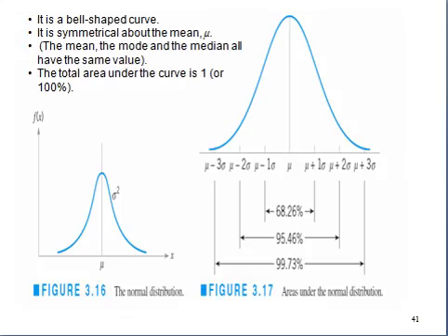If you are using Excel, you don't need to transform the normal distribution to the standard normal distribution. But if you are using tables, then it's a very good idea to transform it, because values are given for the standard normal distribution in tables.